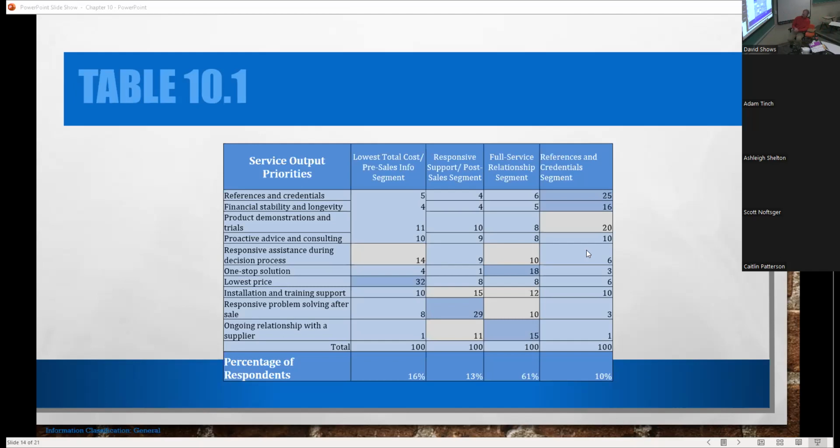So which one of these would a Walmart, somebody buying a computer from Walmart, be more likely to go to? What was low cost? Yeah, I would say the lowest total cost.